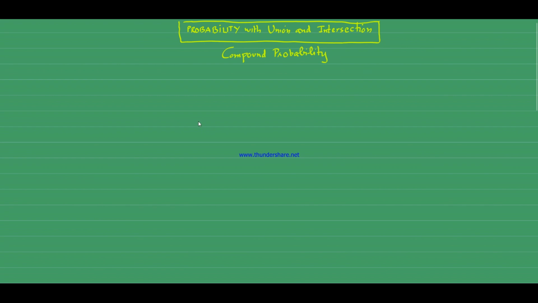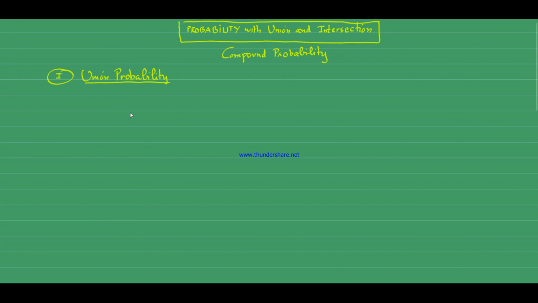Now let's talk about the union probability first, or sometimes we call that the "or" probability. In this union probability, there are two different types.